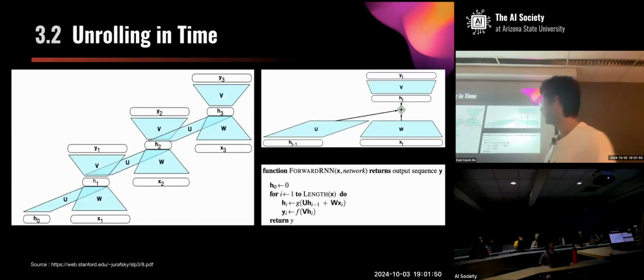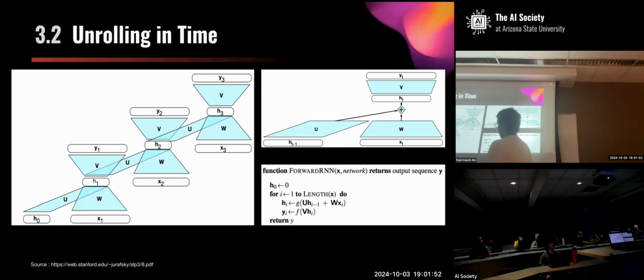We'll see the architecture in detail for RNNs. RNNs can be used in multiple ways. The architecture is very flexible. Here, as you can see, at every time step you have a certain output.